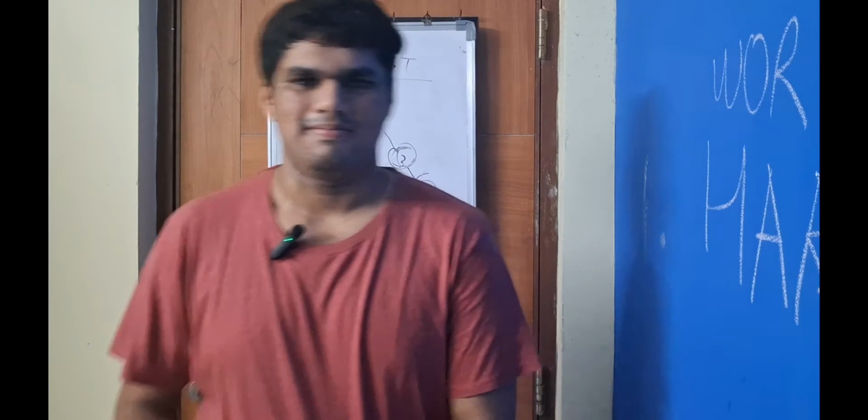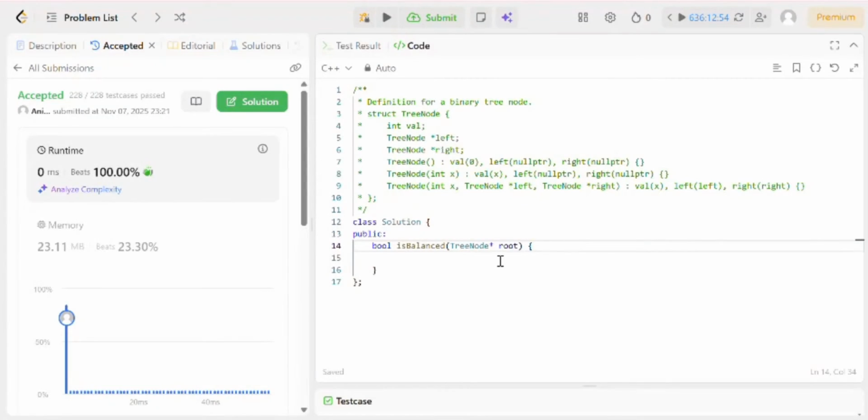We'll be implementing the code here, and the first thing I'm going to do is define a TreeNode pointer node, which is equal to root, and I'll be passing it to a function, let's say length, where I'll be passing node, 0, and 0.